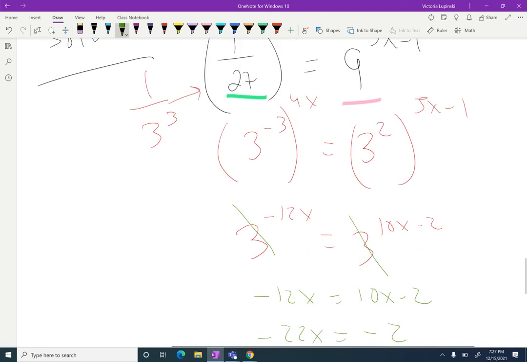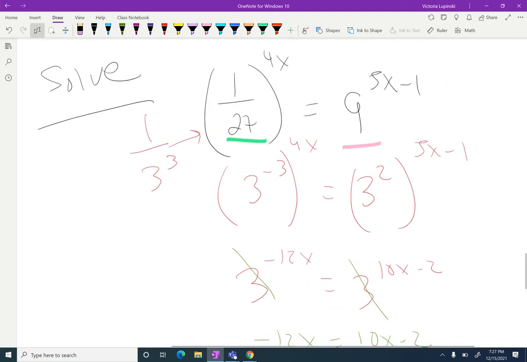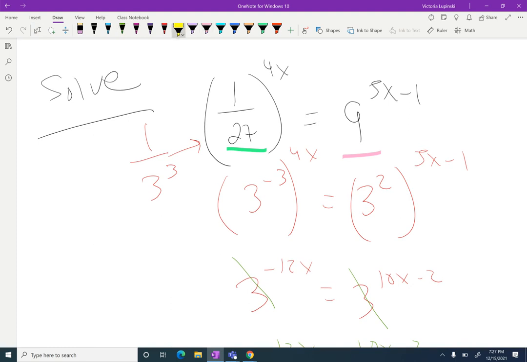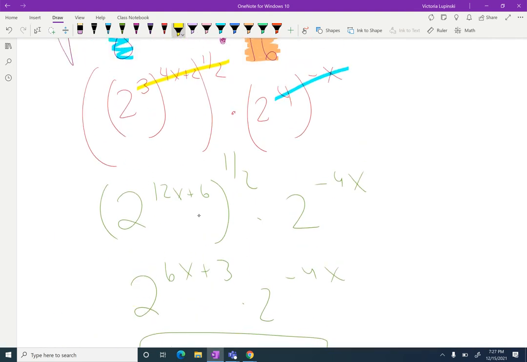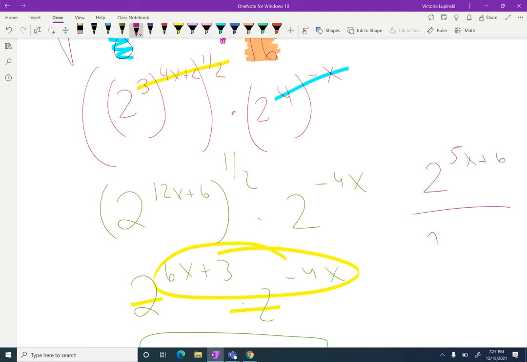So using these like bases, again, this is an important rule here, that if you have a power to a power, you multiply. This was another important rule here, whereas if you have base 2 and base 2, you're going to be sure to add those exponents. The only other one you have to worry about is, let's say you had 2 to the 5x plus 6 over 2 to the x plus 1.